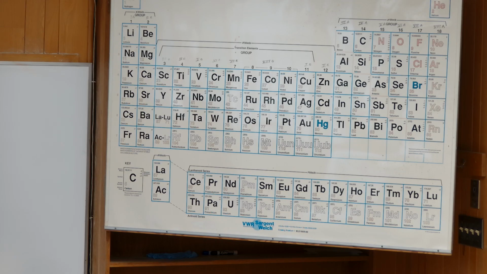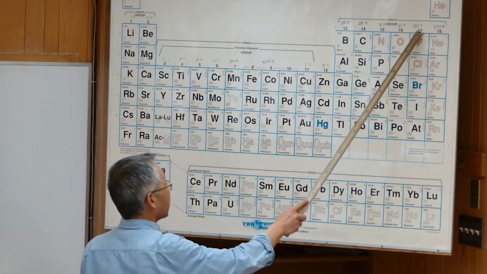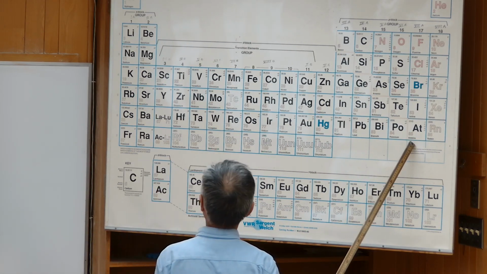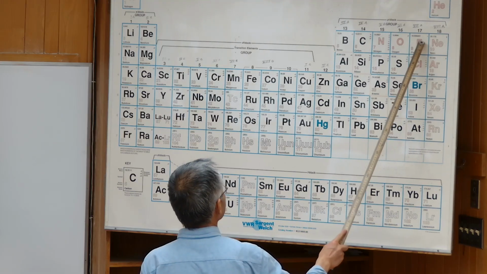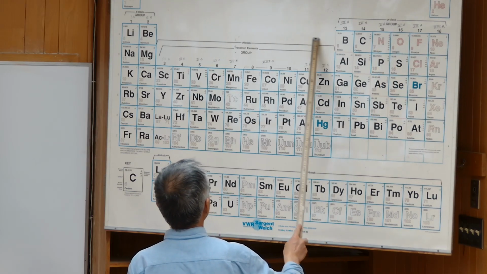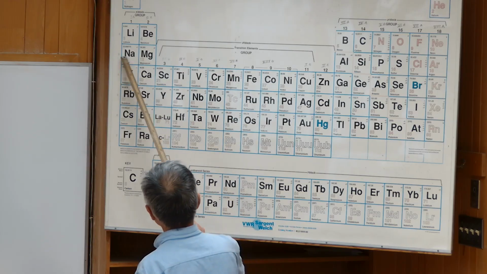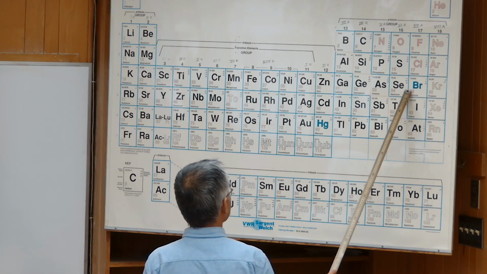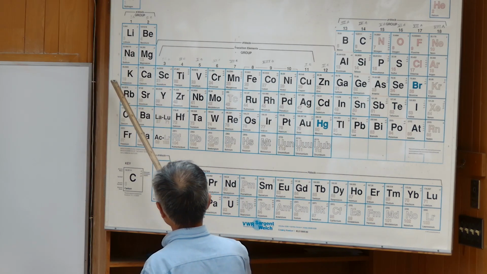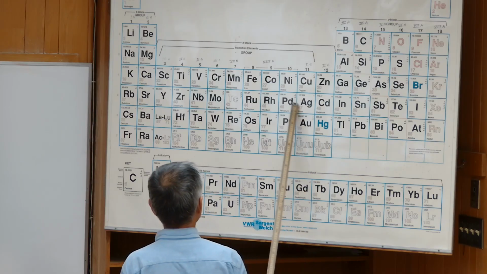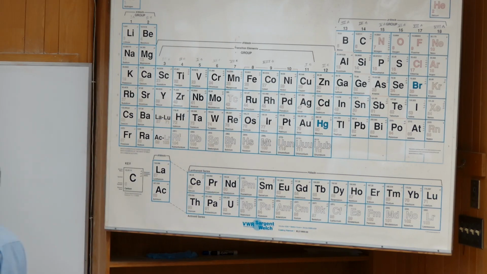So fluorine is the highest in period 2. Chlorine is the highest in period 3. Bromine is highest in period 4. And iodine is highest in period 5. And which one in these elements is from group 7A? So clearly, chlorine.